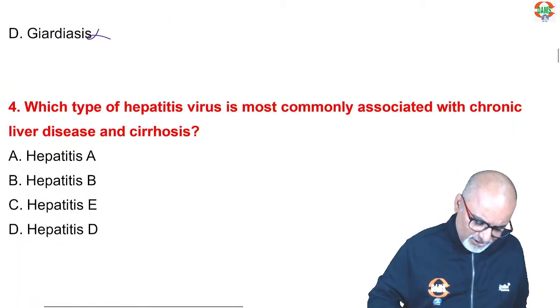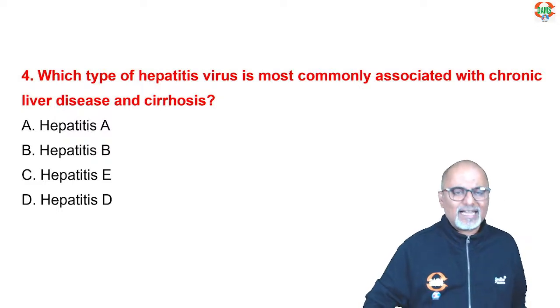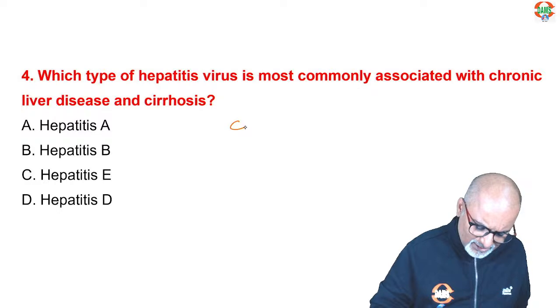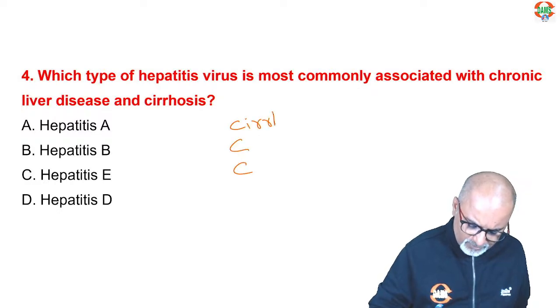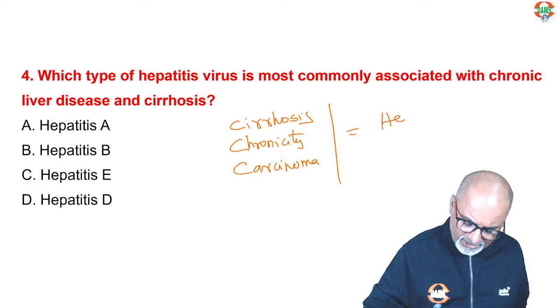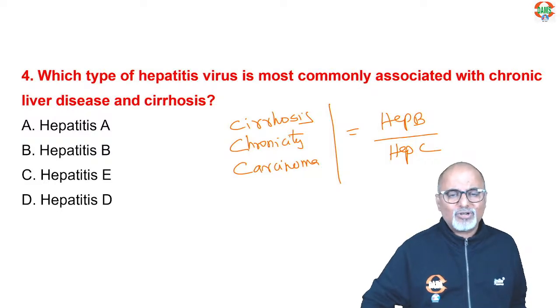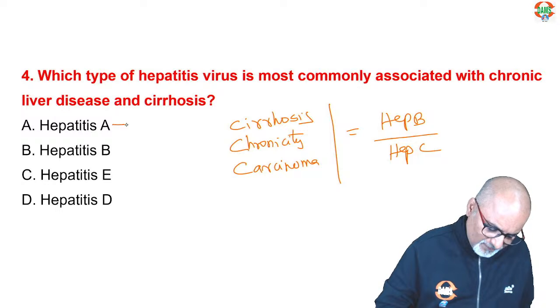Next is, which type of hepatitis virus is most commonly associated with chronic liver disease and cirrhosis? Please remember CCC: cirrhosis, chronicity, and hepatocellular carcinoma. It is usually caused by hepatitis B and hepatitis C. So hepatitis A is fecal-oral route, no chronicity.